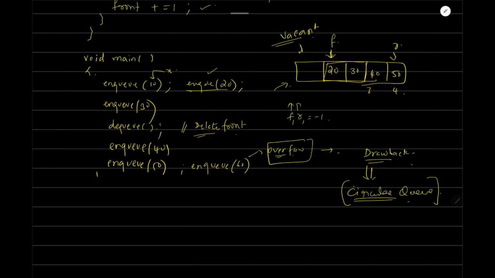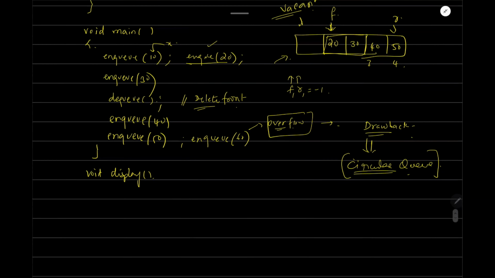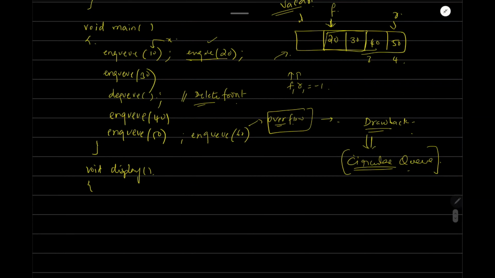So this is the main drawback, and there will also be another function like the display function. For display, we need to display from the front to the rear, right? So now let me take an int temp, and I will assign this temp to front.